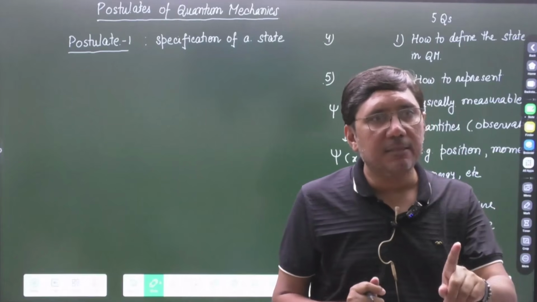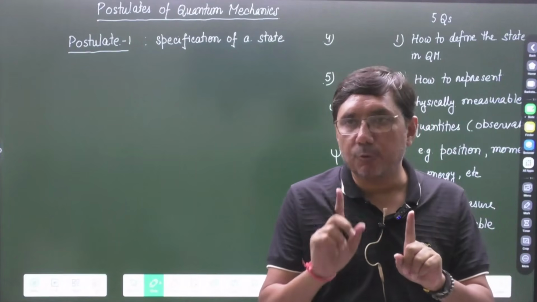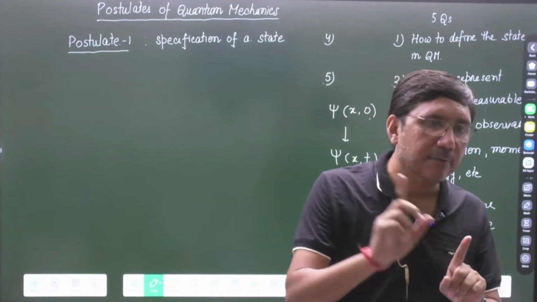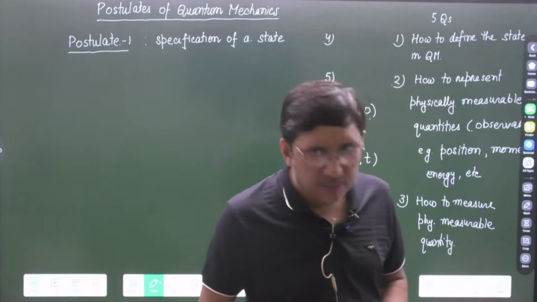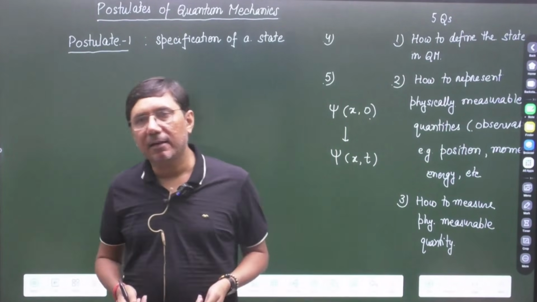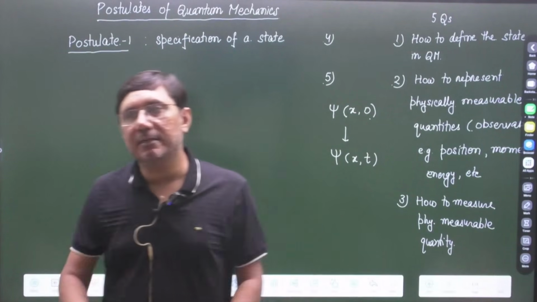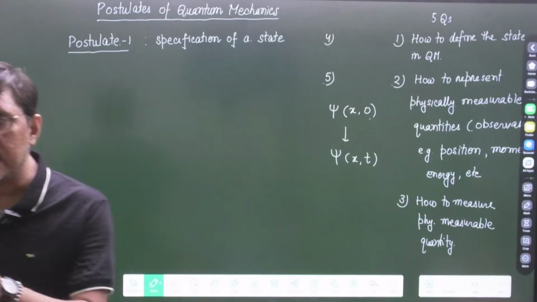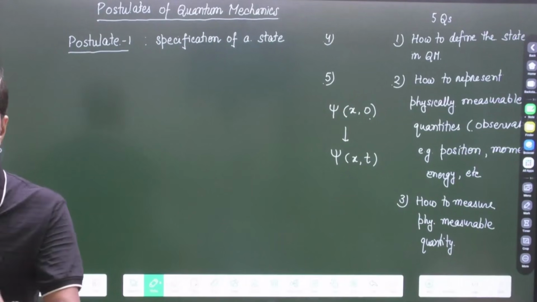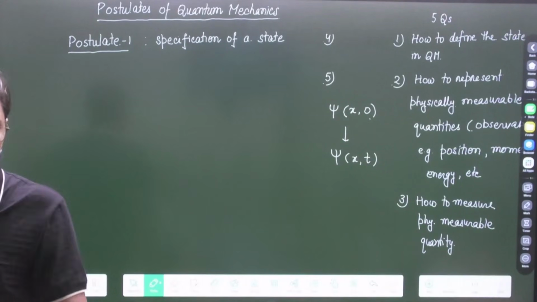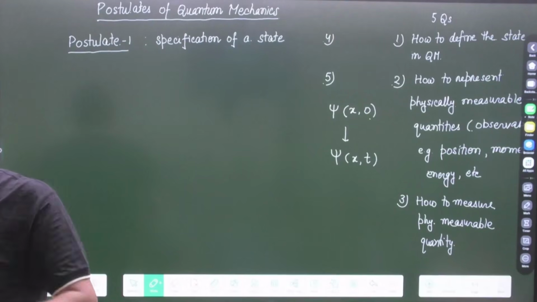Because you can measure position as well as momentum at the same time with 100% accuracy. So in classical mechanics, we define the state by x comma p, or r comma p.